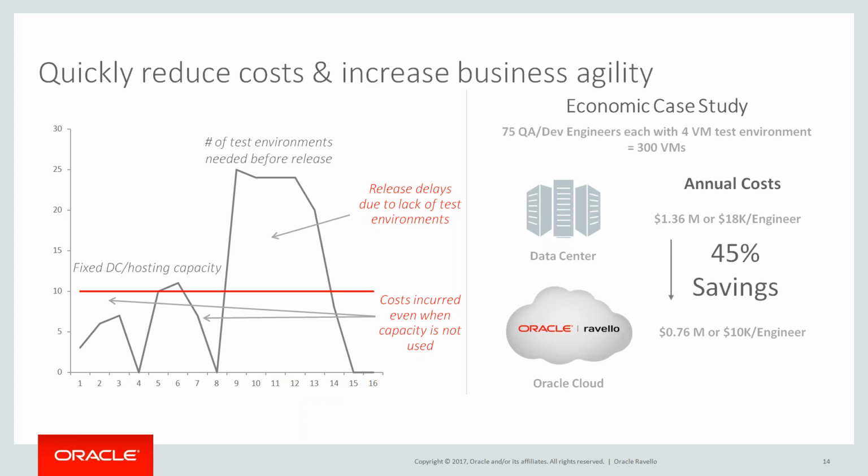In your data center with hosted fixed costs, it's going to cost you 1.36 million, which is 18K per engineer. With Ravello Cloud, this is a Monday to Friday environment, so it's going to give you 45% savings. So this brings it down to 10K per engineer. So this is just a sample cost analysis based on some sample workload.